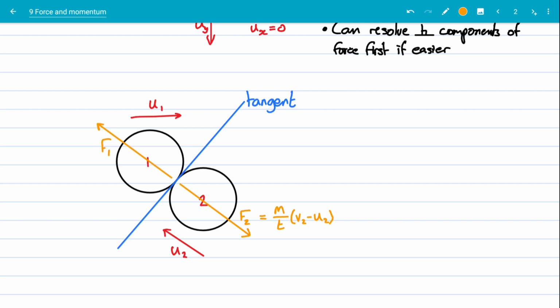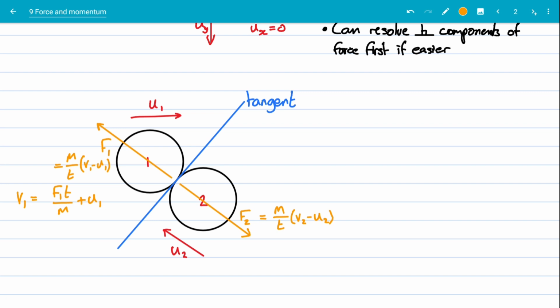Now, in the case of object 1, it's the same equation, but we have to resolve the vectors. So this is going to be v1 minus u1, and u1 is there. We know what f1, m, and t are, then we can calculate what v1will have to be. So v1 would be equal to, let's work this out, so f1t over m add u1.